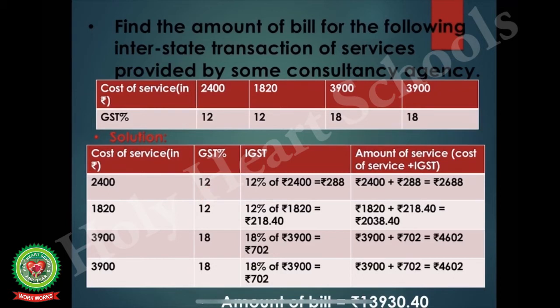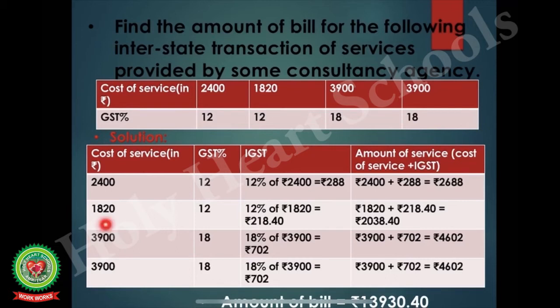So IGST will be equal to 12% of rupees 2,400, which is equal to rupees 288. So the amount of service will be equal to rupees 2,400 plus rupees 288, which will be equal to rupees 2,688. In the same way, we are going to calculate for the other three services.